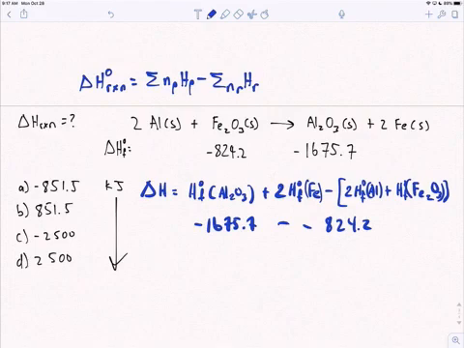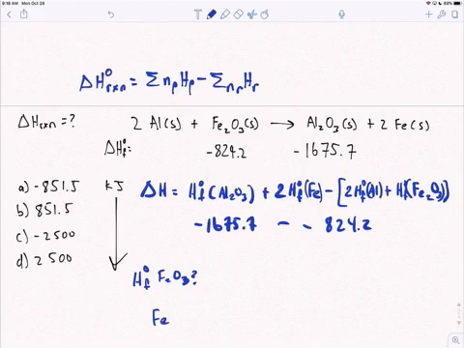Al2O3, Fe2O3. So you want to know what the formation of this is.